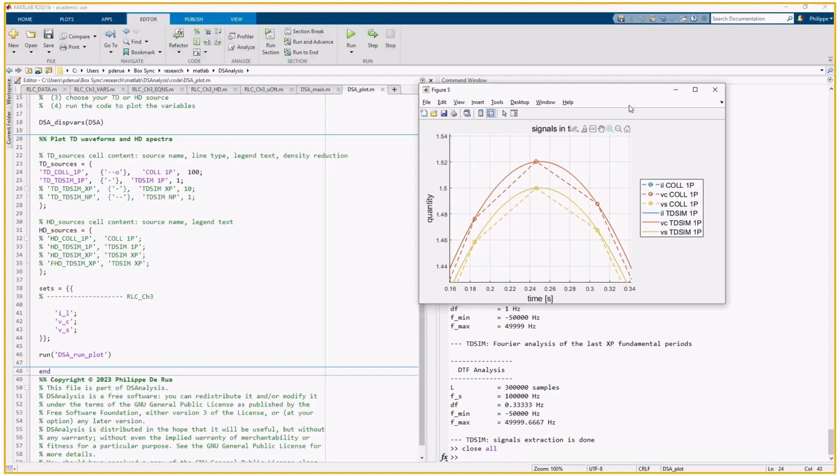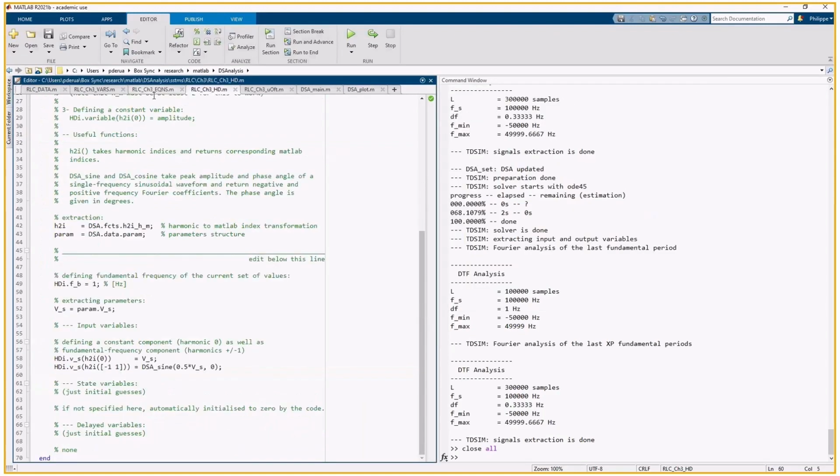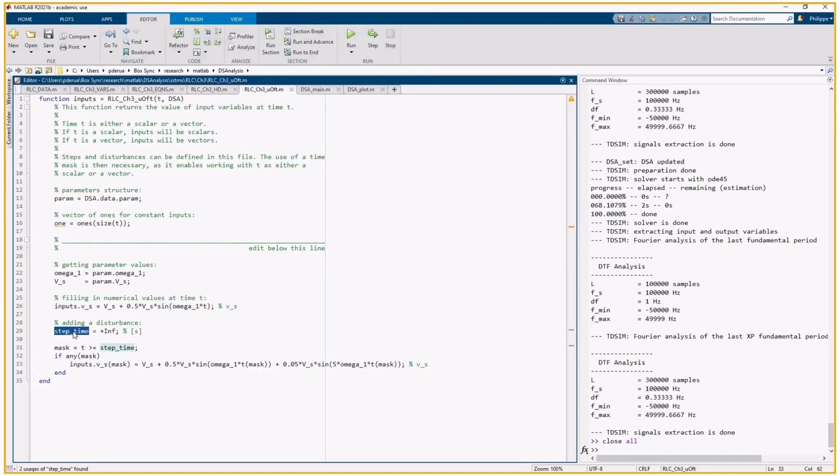If you want to add some disturbance, from a given step time, which I will now define to be, let's say, 2 seconds. After 2 seconds, it will also include an additional disturbance of amplitude 0.05 times Vs. Since Vs is equal to 1, it is 0.05, and at the fifth harmonic frequency.